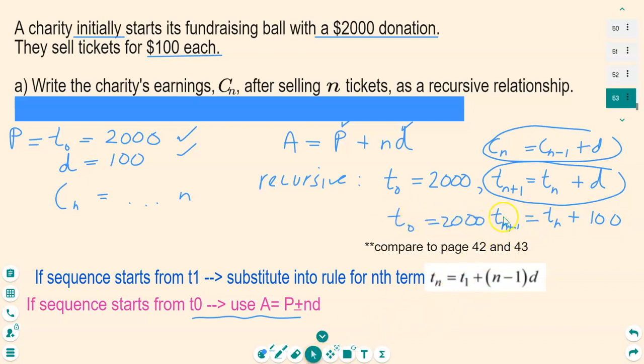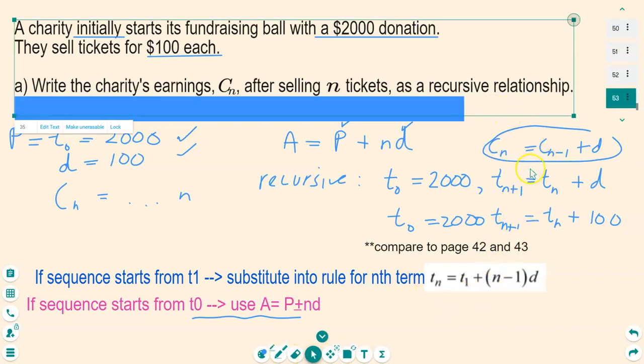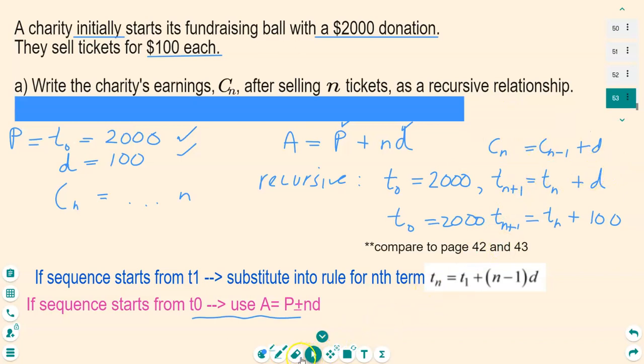So I might just get rid of all those circles. But yeah, you could write it like that. Oh, they're also saying write the charity's earning Cn after selling N tickets. Oh, yeah. So it might be, I think that will do.